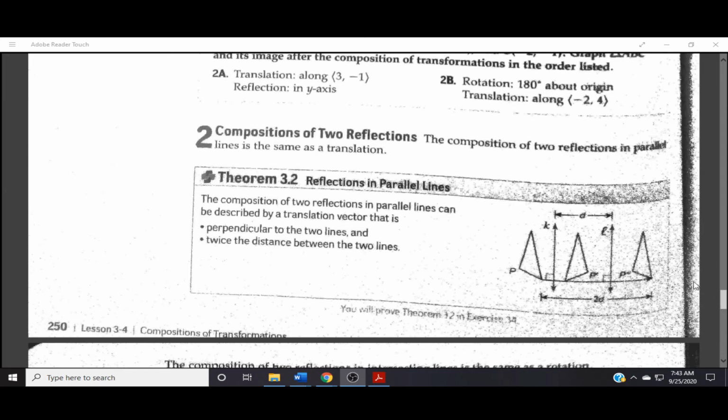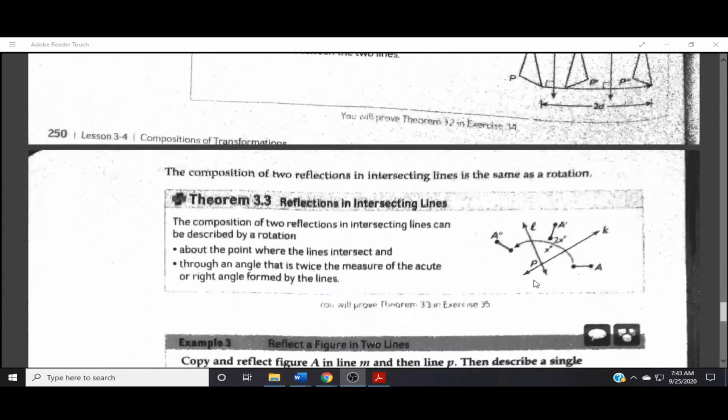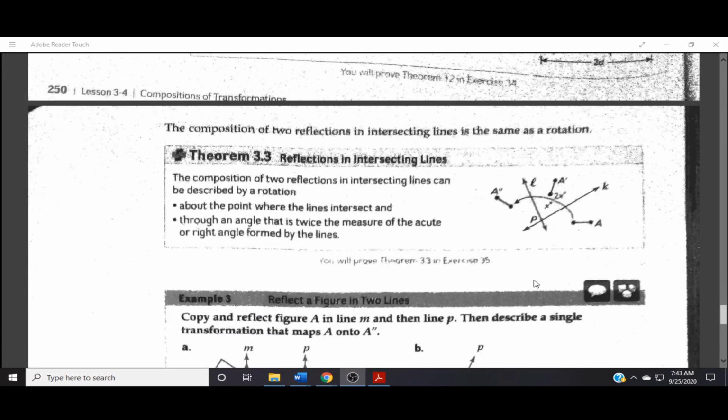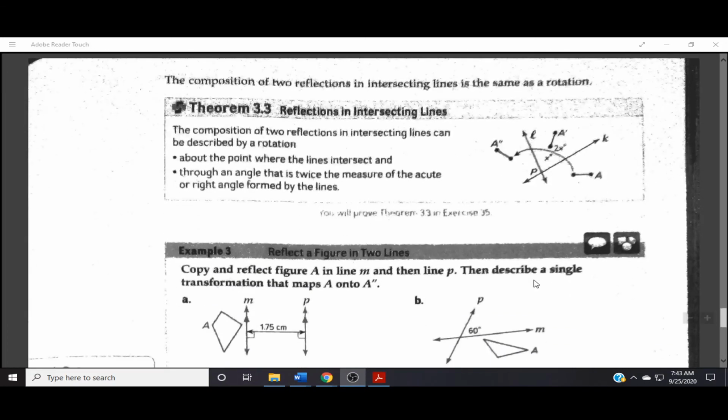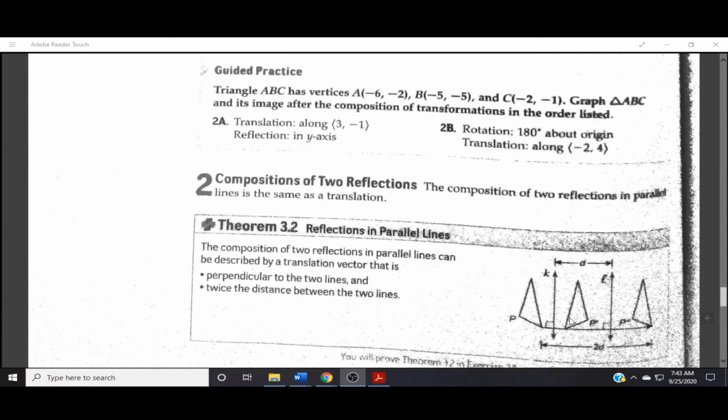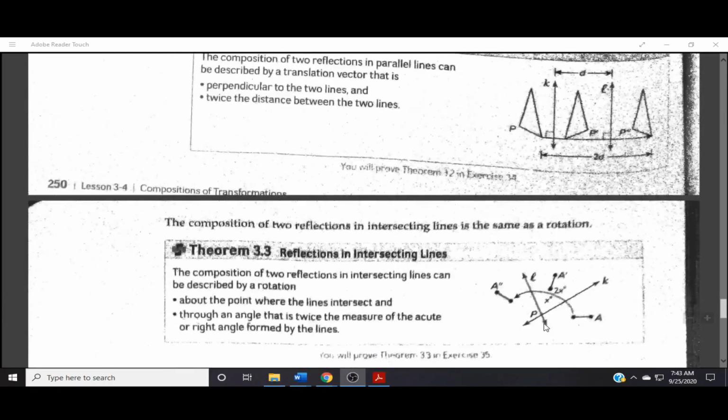If you reflect it across two parallel lines, it's going to be twice the distance between the parallel lines. That makes sense because if you reflect it over one, then over the next, the distance between the first and last is going to be two times the distance between the two parallel lines.